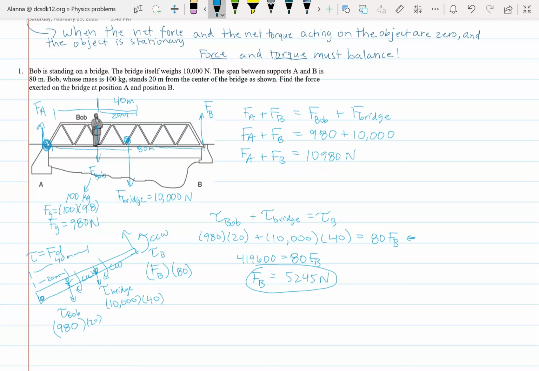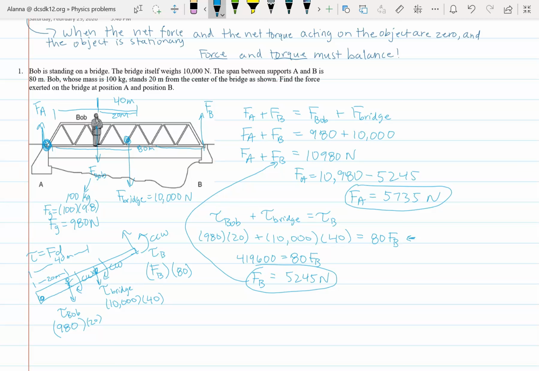Then you can go ahead and plug that back in right there. So FA will end up being 10,980 minus 5,245. And you get that it is equal to 5,735 newtons.